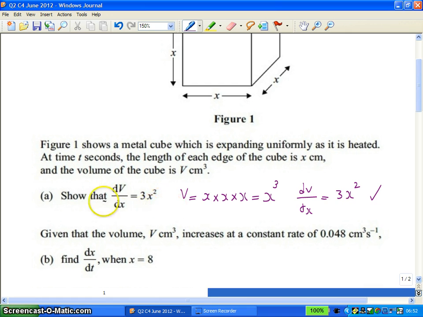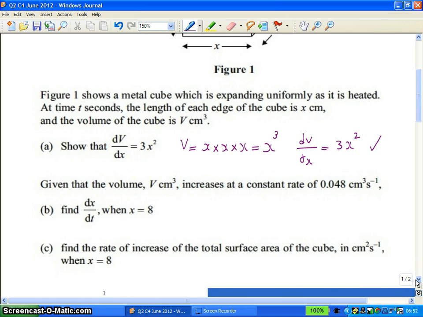So that's part A. Part B then says if the volume is increasing at a constant rate of 0.048 centimeters cubed per second, find dx/dt when x is equal to 8. Well, the key here is to recognize what we have been given.